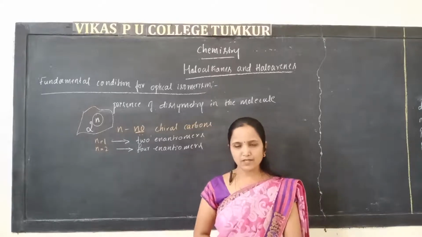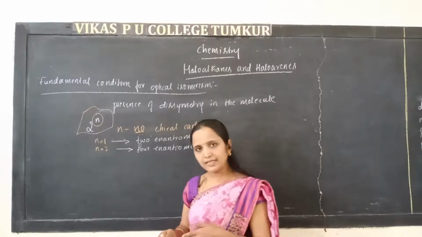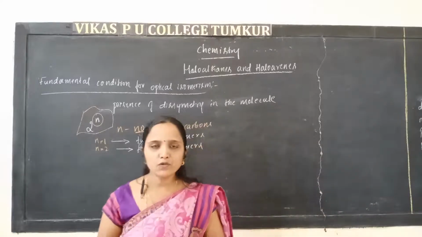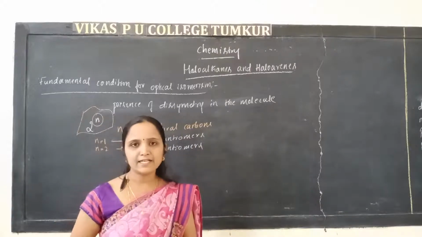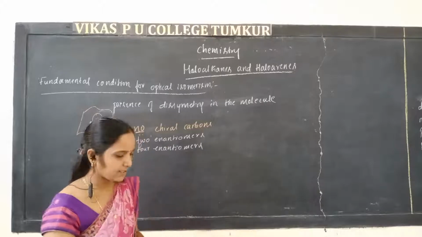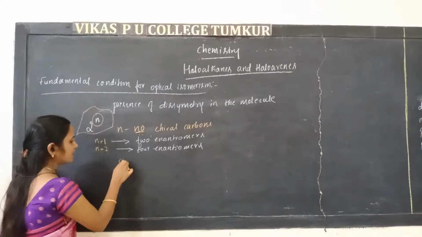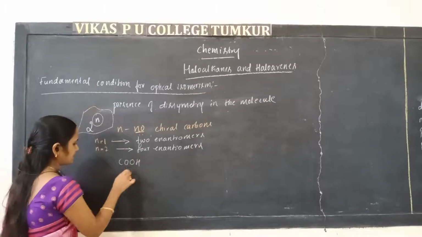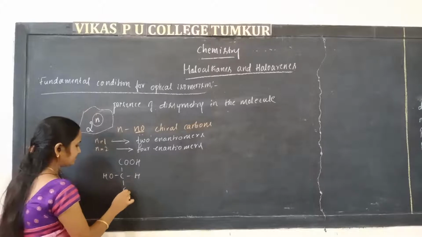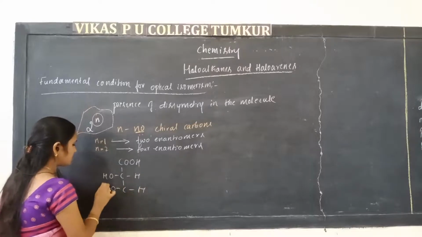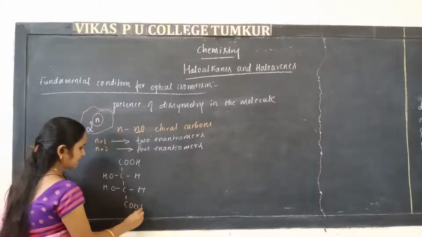Certain compounds that contain 2 or more chiral carbon atoms are also optically inactive. Why? We will take an example, mesotartaric acid.